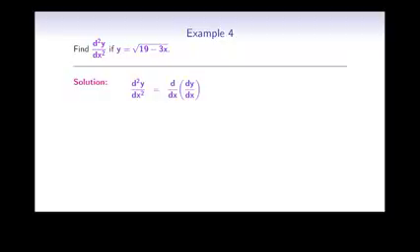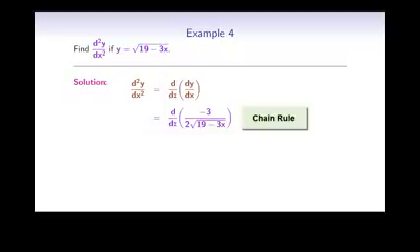D squared y/dx squared is the derivative of dy/dx. The chain rule tells us that dy/dx is negative 3 divided by 2 times the square root of 19 minus 3x.